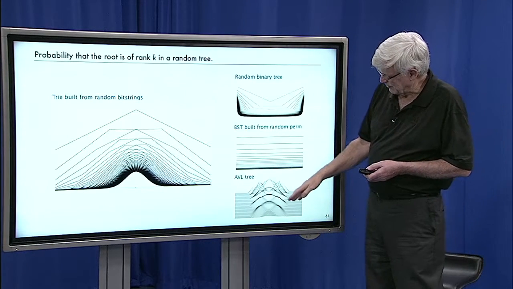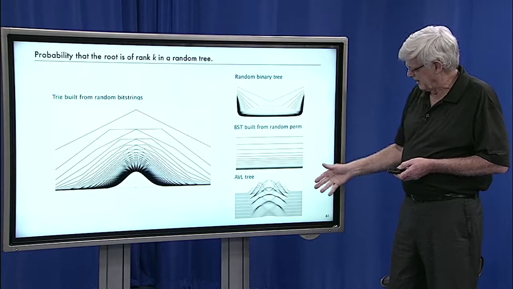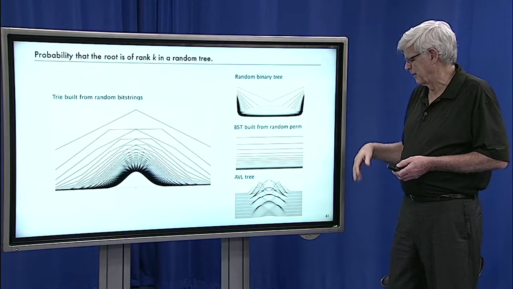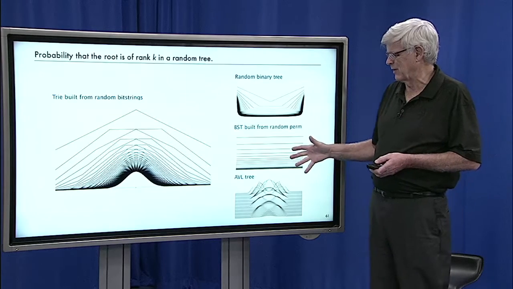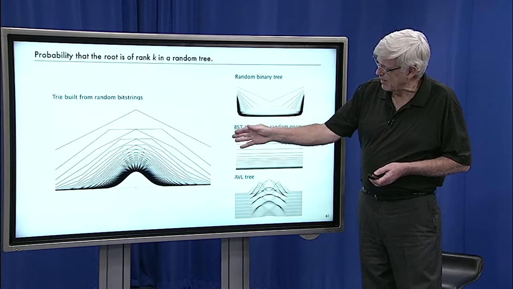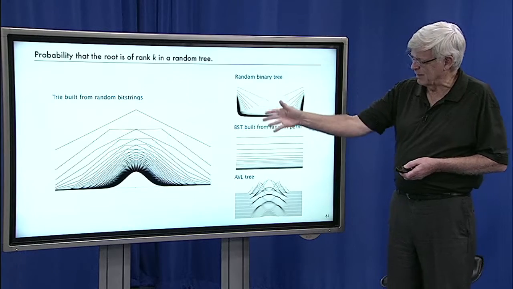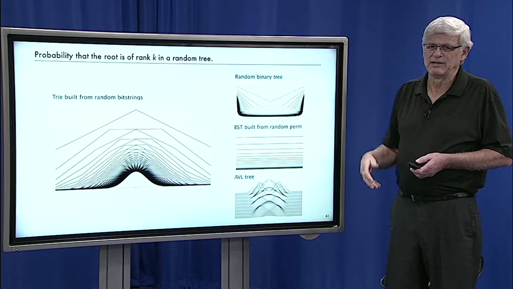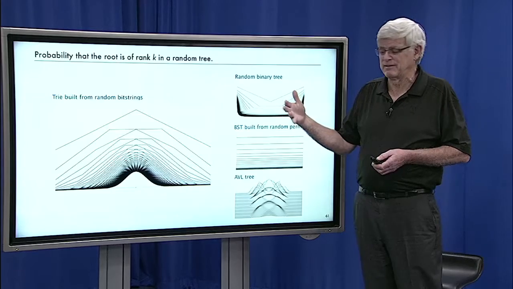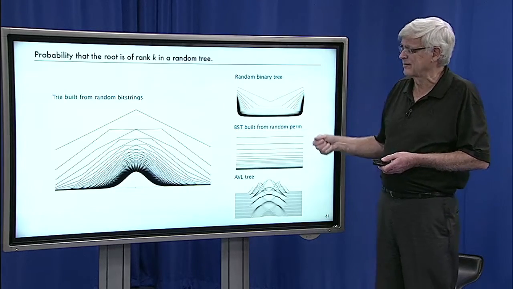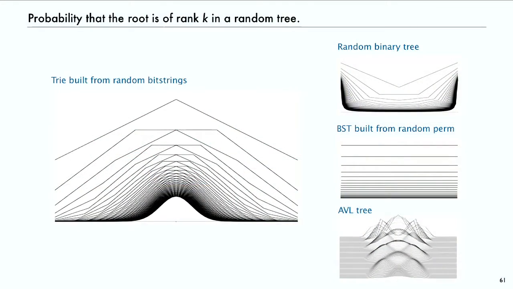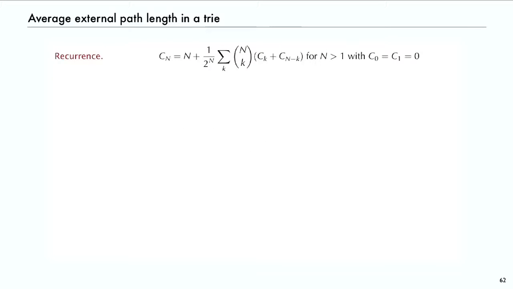For AVL trees, we're trying to make them more balanced, and the distribution shows this amazing pattern that we haven't characterized analytically. And for tries, the probability that the root's k is binomial, and that's really a characteristic that we're looking for that's going to tell us that these things are going to be pretty well balanced, because n over 2 is the most likely thing, and within square root of n over 2 is where the divisions are mostly going to be, which means that it's going to be pretty well balanced. But let's look at that analytically.